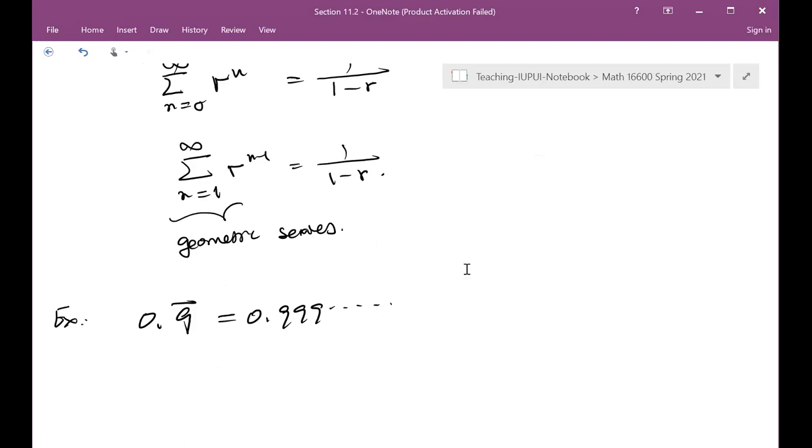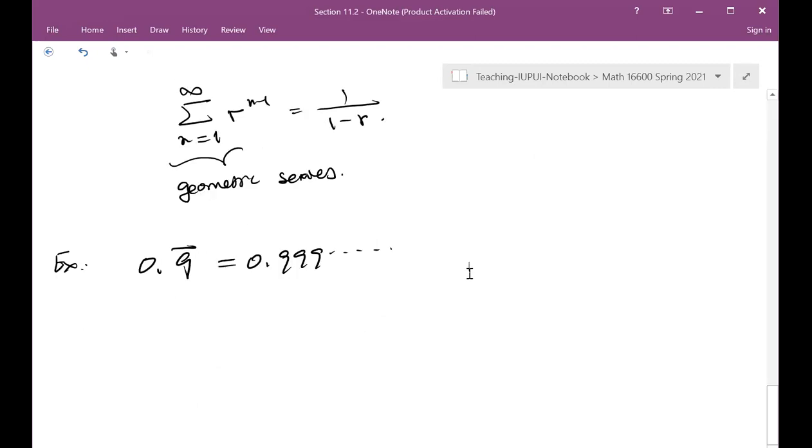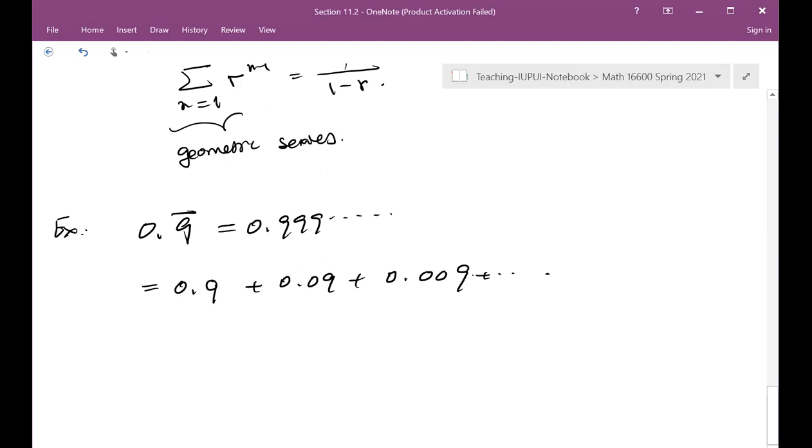The reason this is viewed as a limit is because it is 0.9, 0.09, 0.009, and it keeps going. So this actually is a series. It's a sum of infinitely many terms, but these terms can be written in the form like that.